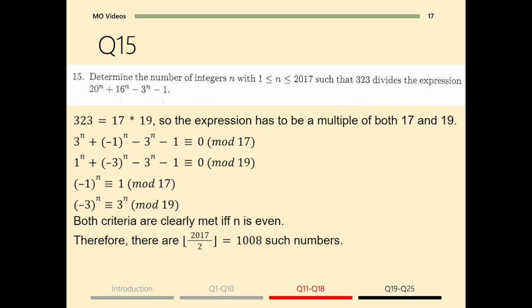Because if n is odd, then the left hand side and the right hand side will be negatives of each other, which can only be equal if it's 0, which is impossible, obviously. Therefore, we just have to count the even numbers, and there are 1008 of them, so the answer is 1008.